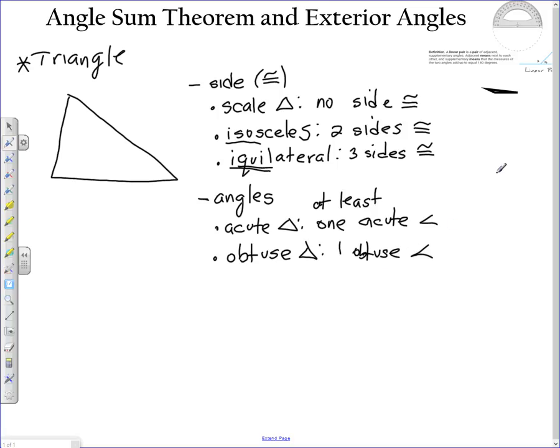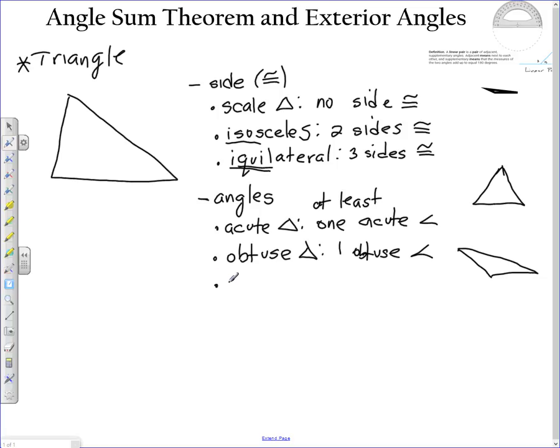Basically, if you have something that looks like this, that'd be an acute triangle because all the angles are acute. Now an obtuse triangle will look something like this. One of the angles will be obtuse. So this triangle is obtuse.